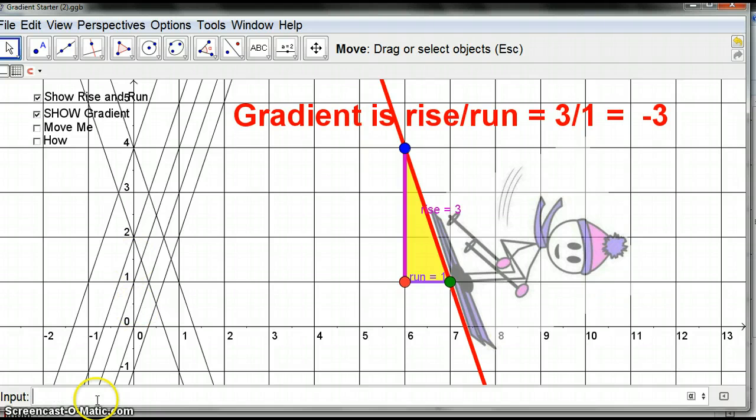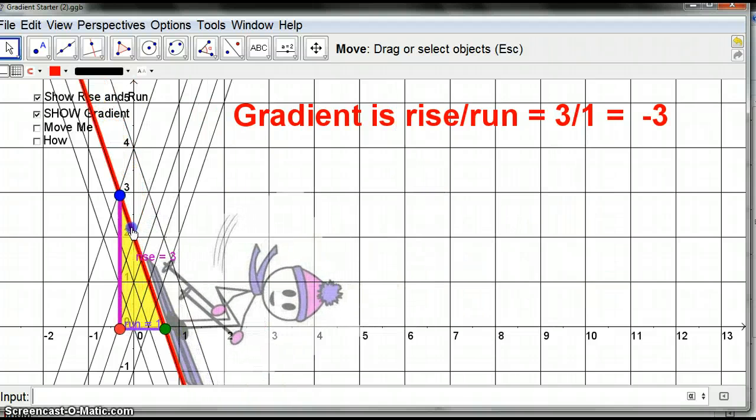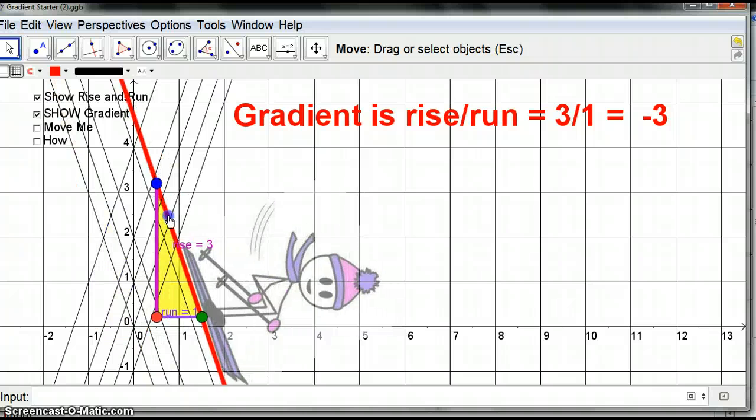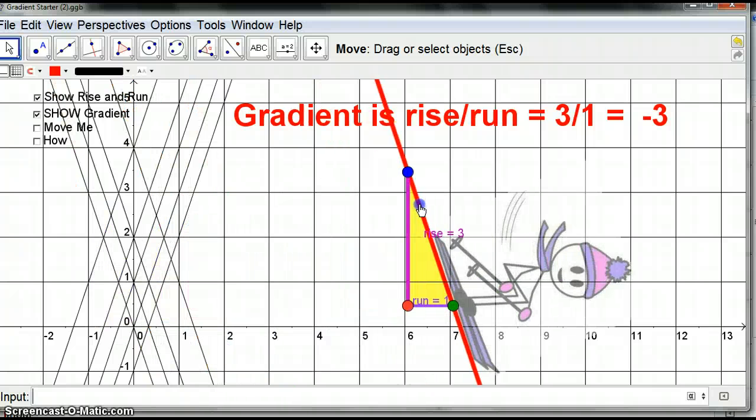Y equals negative 3x plus, I want it, 1. I want it going through there. Okay, I want it going through the origin. So y equals negative 3x plus 0. Negative 3x. Oh, I get it now. Get it now? Yeah. So all of those have that same slope, but they have different y-intercepts. Okay?